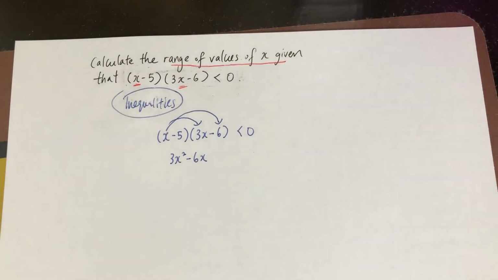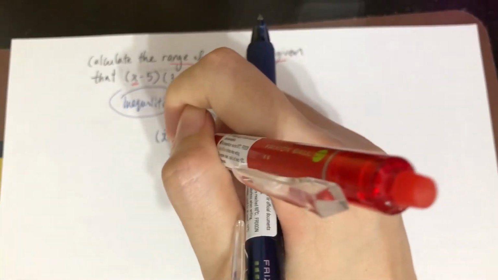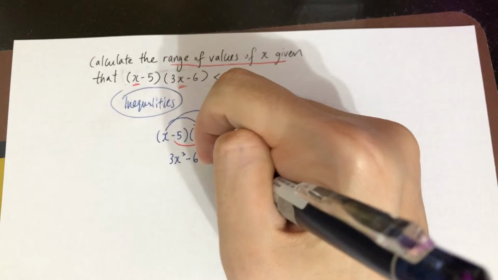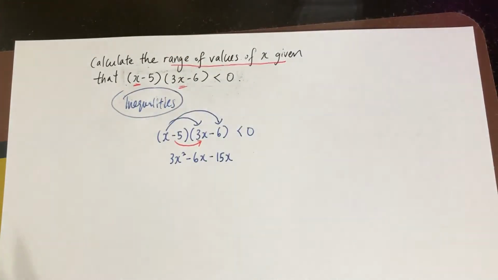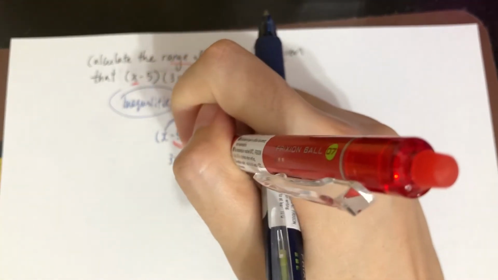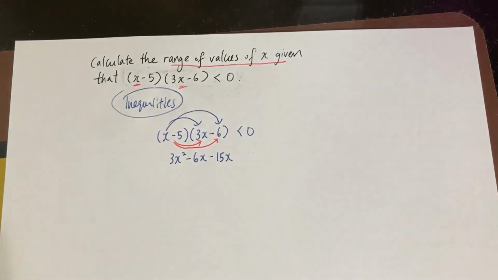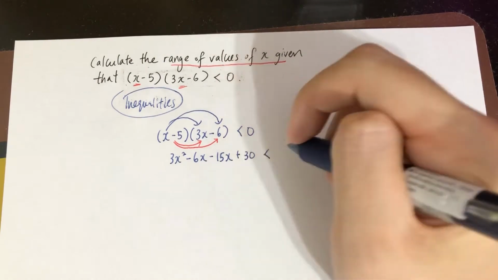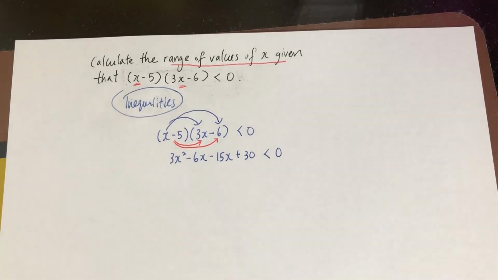Not forgetting the second term, negative 5 multiplied by 3x gives us negative 15x. And we still have one more term, negative 5 multiplied by negative 6, which gives us a positive 30. And not forgetting the sign, less than 0.